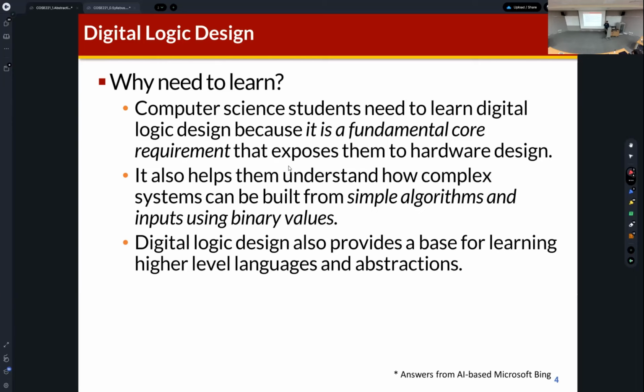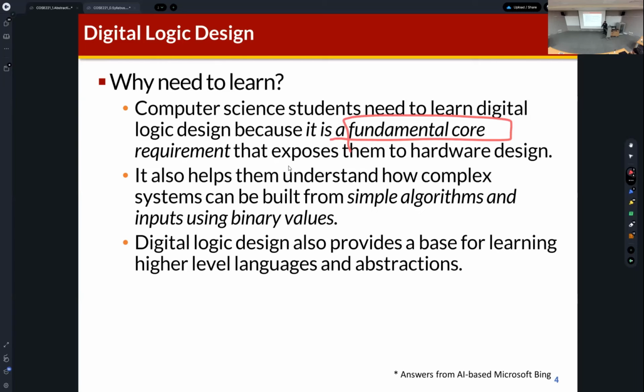So why do we need to learn it, for a computer systems, computer engineering or computer science student? Firstly, the computer science student needs to learn logic design because it's a fundamental core, knowledge regarding computer hardware. That's why we need to learn about digital logic.